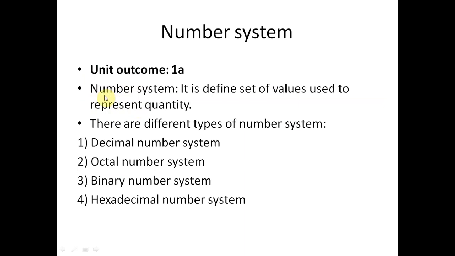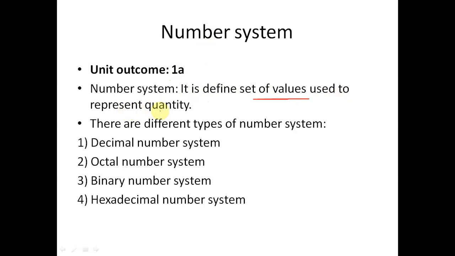So first one is the definition of number system. It is a defined set of values used to represent quantity. Again I repeat, it is a defined set of values used to represent quantity.